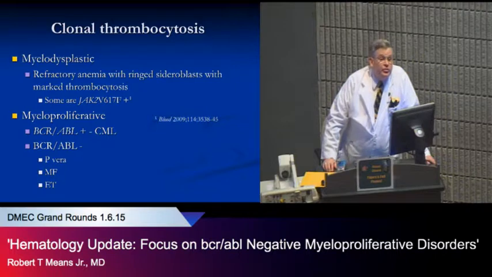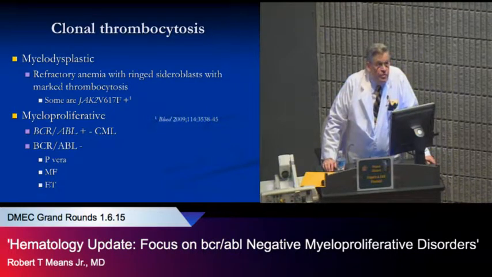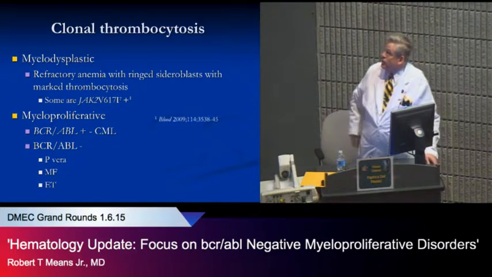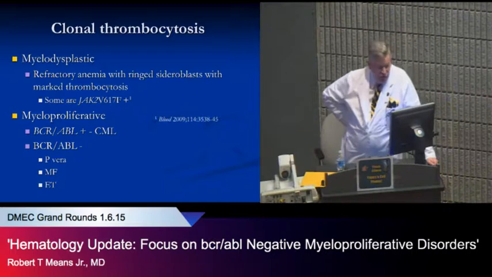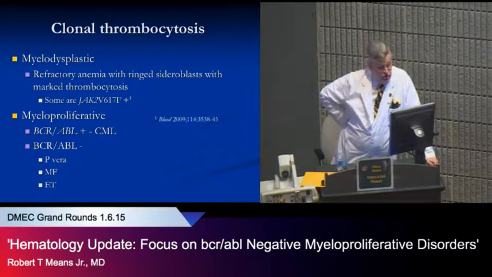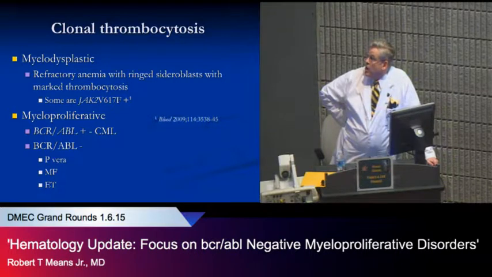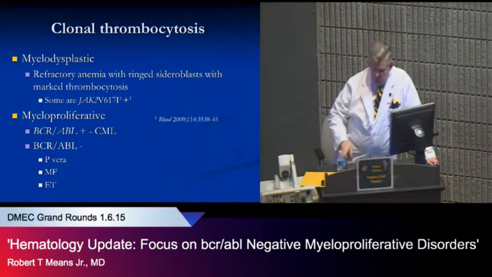So if you have someone that you suspect of a clonal thrombocytosis, your first step would be to check BCR-ABL to rule out a CML presenting with thrombocytosis. Then you get into the other disorders, P. vera, myelofibrosis, and essential thrombocythemia.